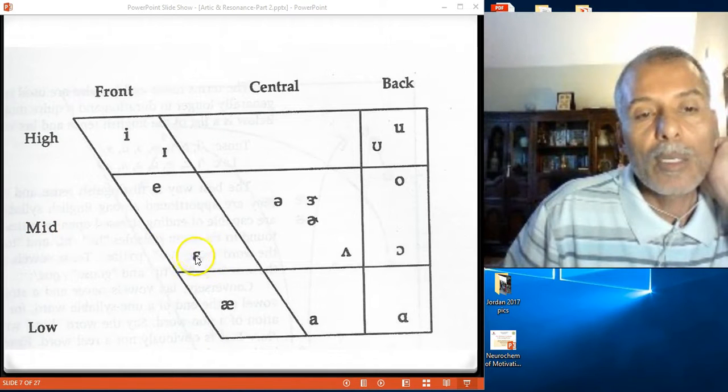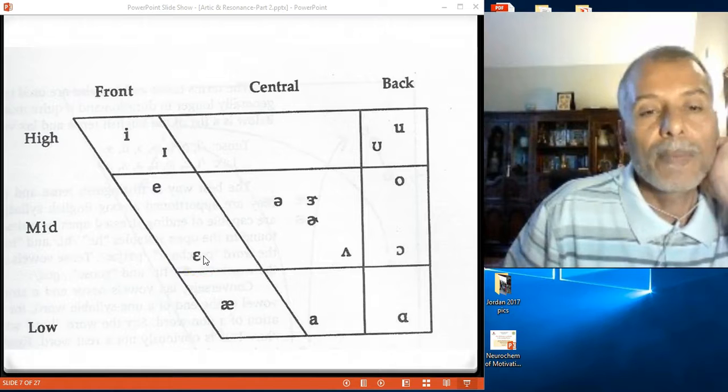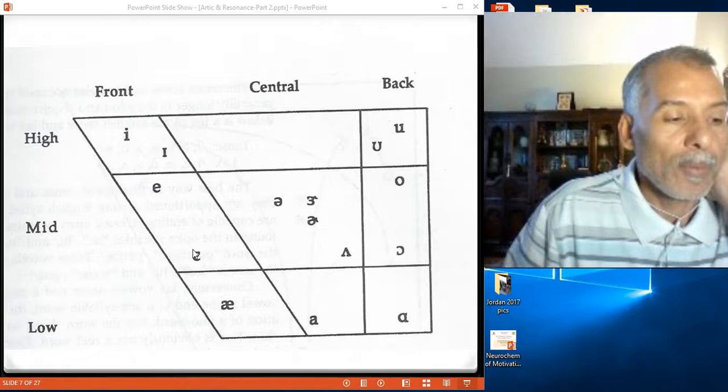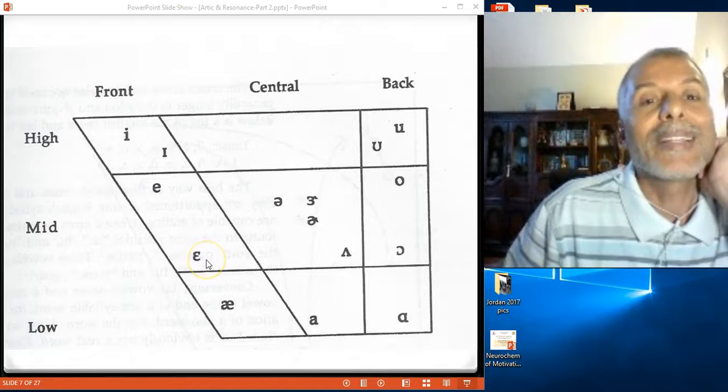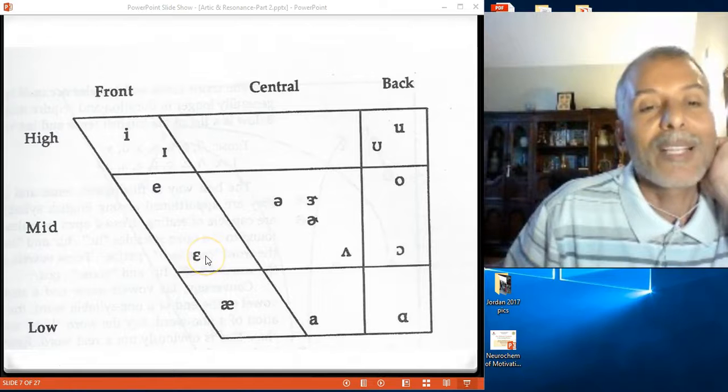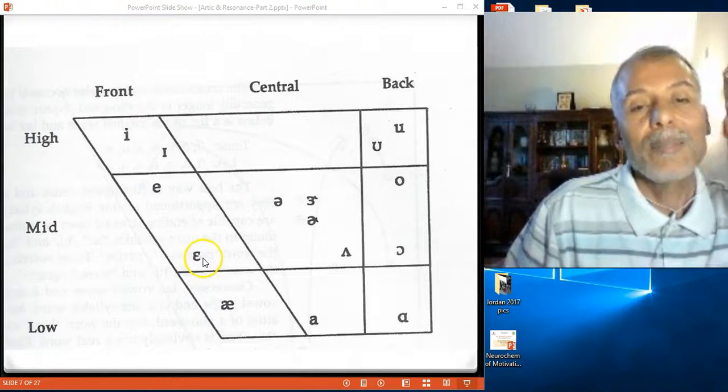The epsilon is the sound as in head, or as in bed, or red.